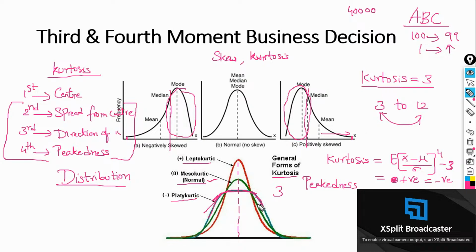If you get a wide peak, you'll get a negative value for kurtosis. What if you get zero? It is nothing but the standard normal curve, normally distributed data, similar to this. Taking this as reference, we can tell this is positive, this is negative.